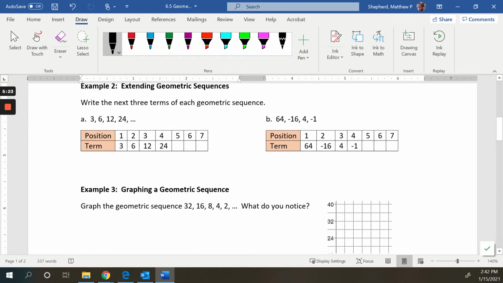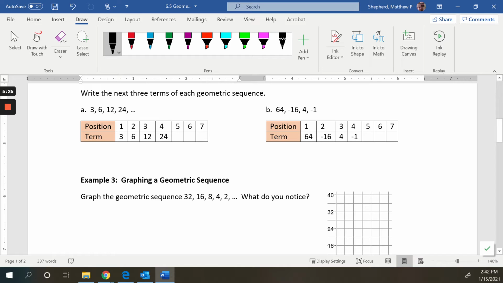All right, so now we're going to take this knowledge of finding a common ratio or a common difference and use that common ratio or difference to find the next terms in a sequence. So over here, as we look at this sequence, it looks like we've got a common ratio. 6 divided by 3 is 2. 12 divided by 6 is 2.